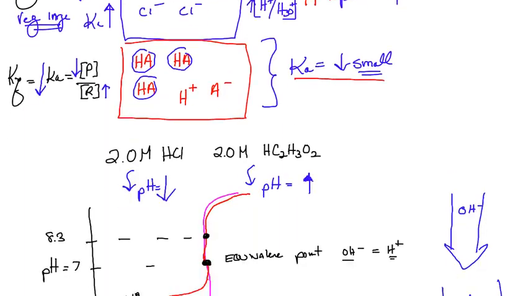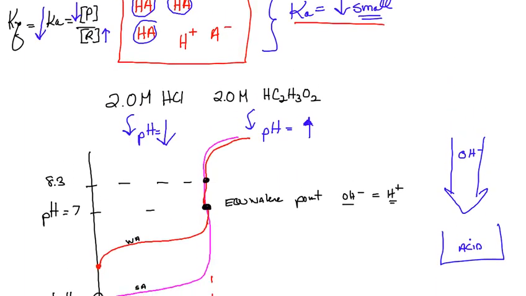Because what's happening is when you add HCl, you're going to have Cl negative ions now hanging out with the most predominant species, water. And nothing happens. This negative can't pull the H's off the water. It doesn't. If it did, it would remake hydrochloric acid.